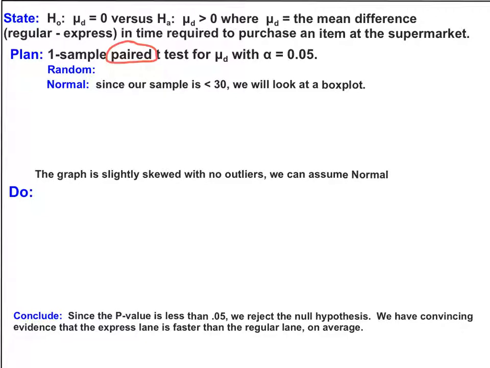They had 15. I'm going to say we have an SRS.